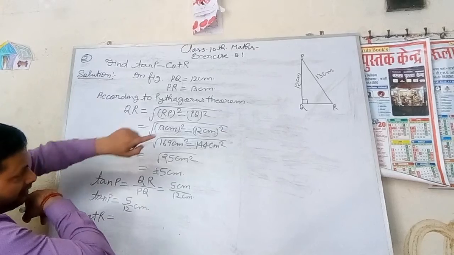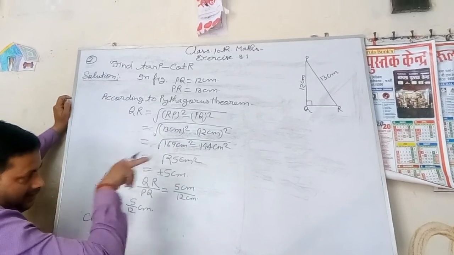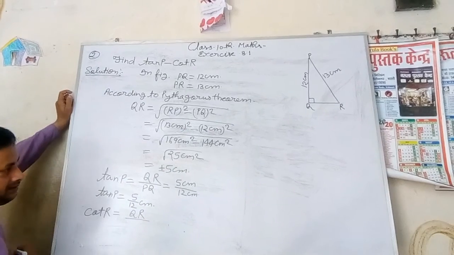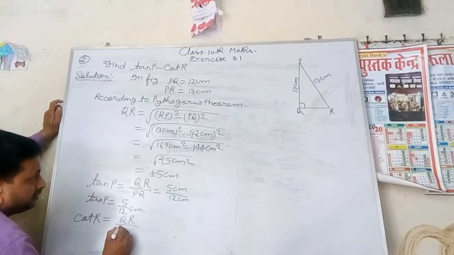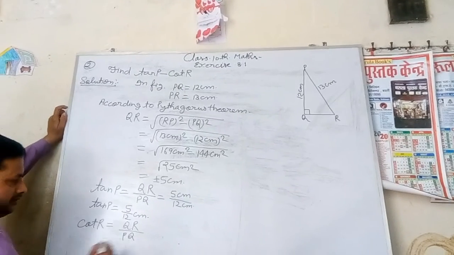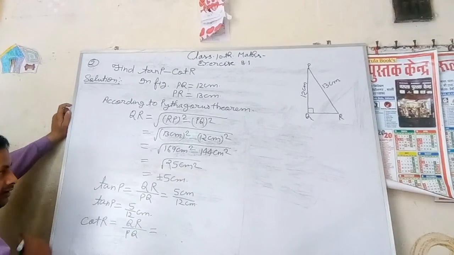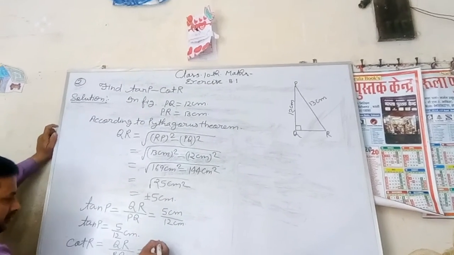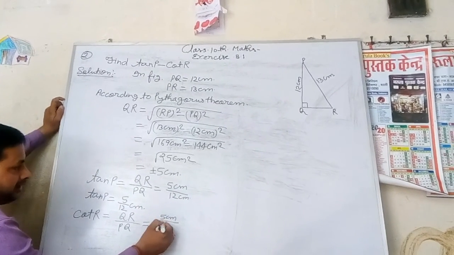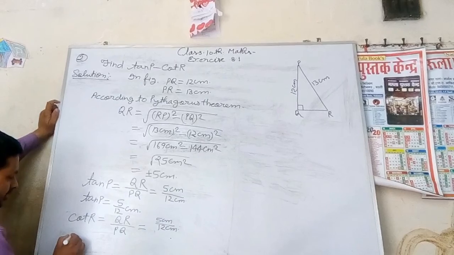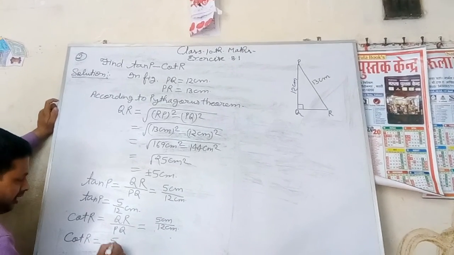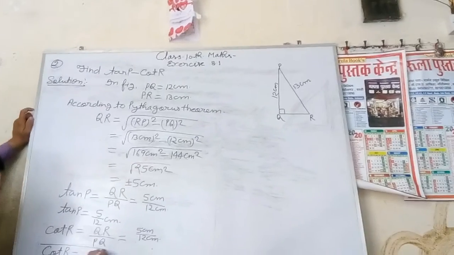So for cot R, base is QR, QR upon PQ. And the value of QR is 5 centimeter upon 12 centimeter, and cot R equal to 5 by 12.